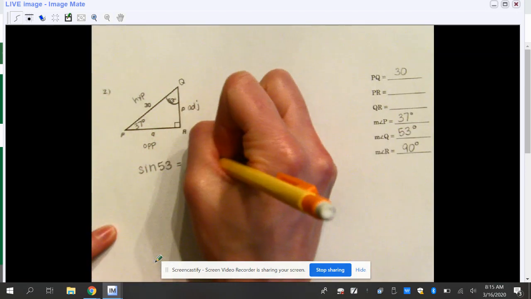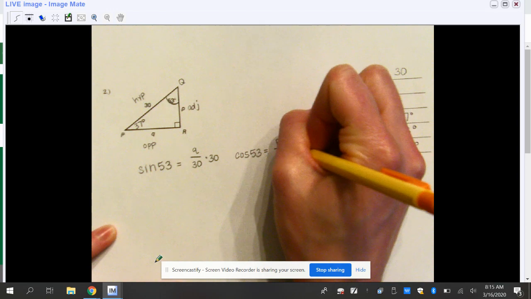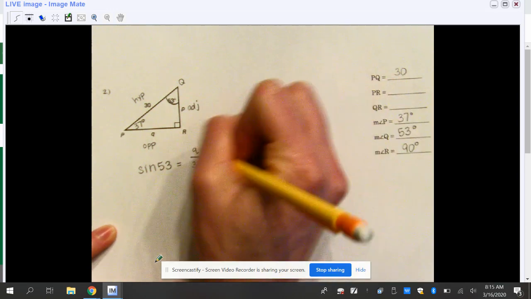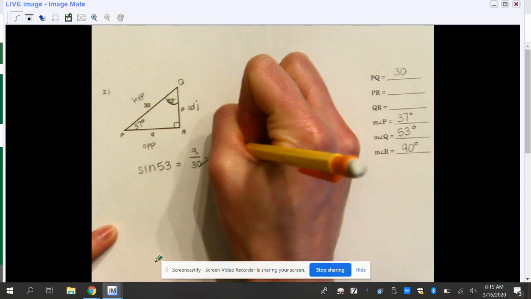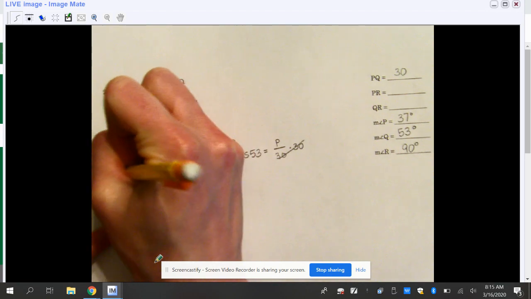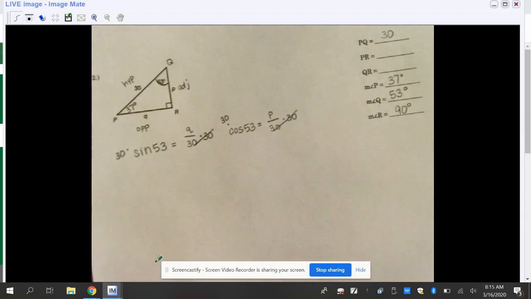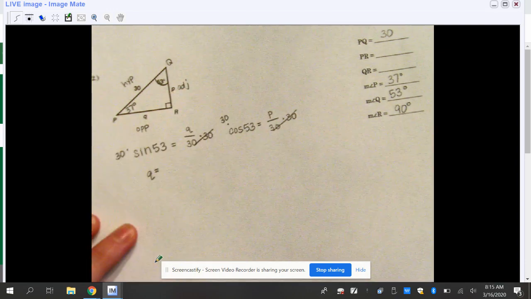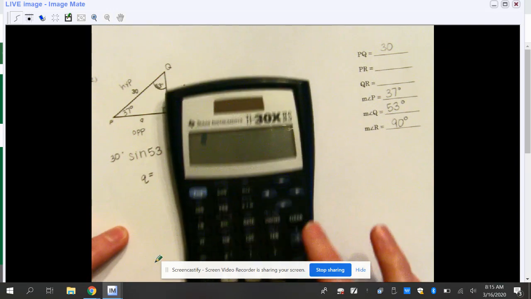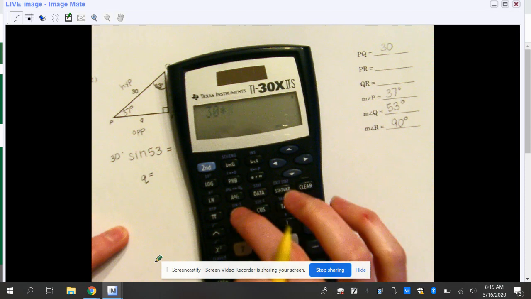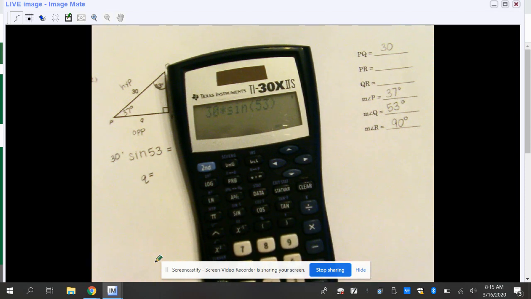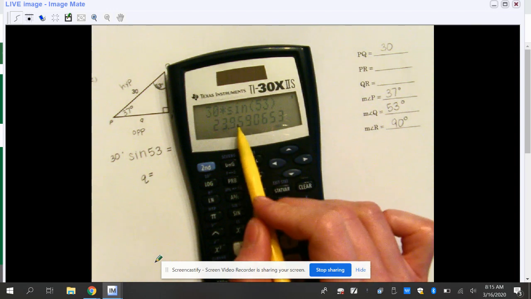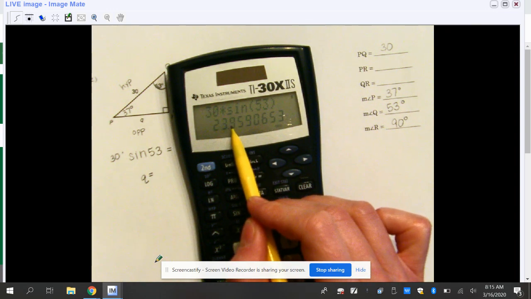So I'm going to multiply both sides by 30 here. Multiply by 30, multiply by 30. Luckily, now that gets the variable by itself. So my answer here is just going to be Q equals 30 times the sine of 53, which is going to round to 24, because that 5 will bump that 9 up, which bumps that up to the nearest whole number.